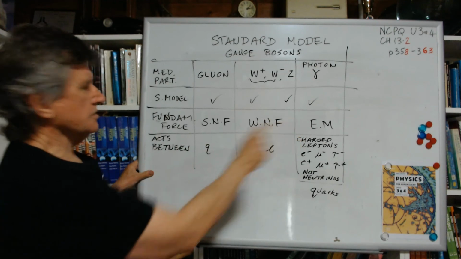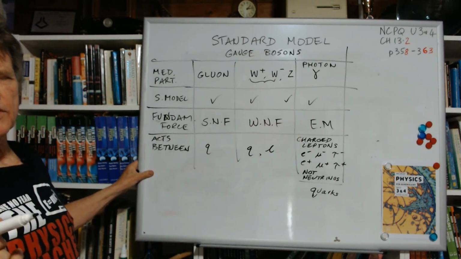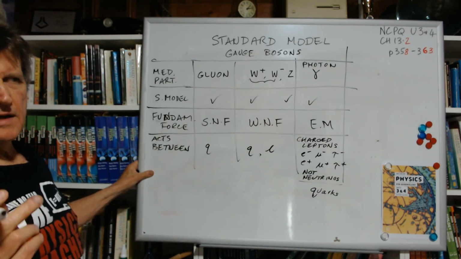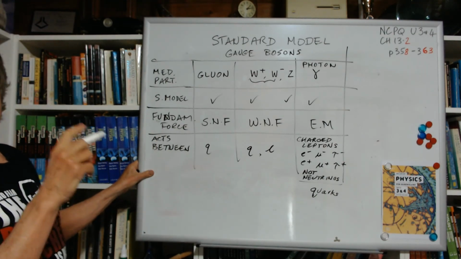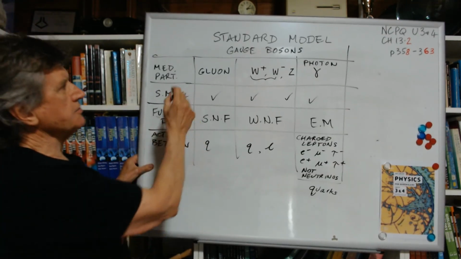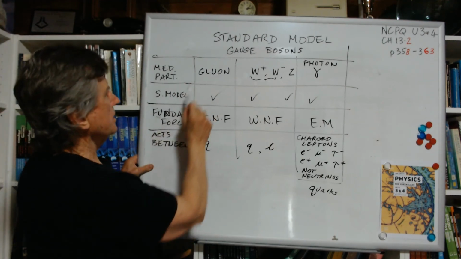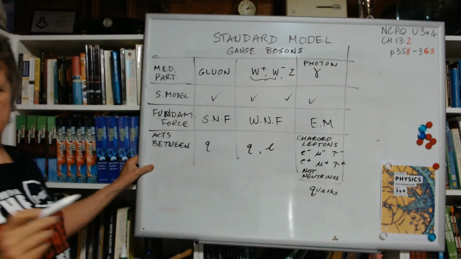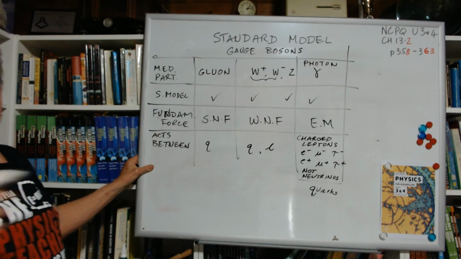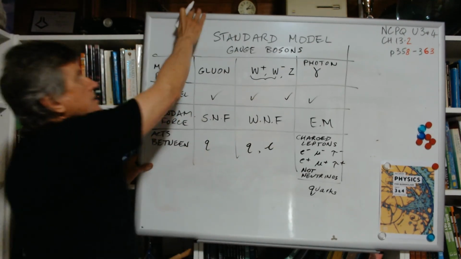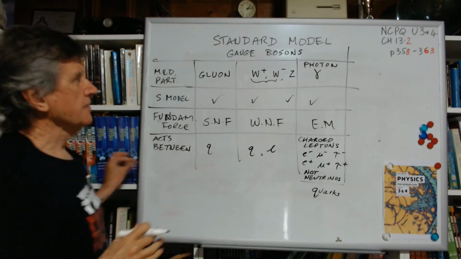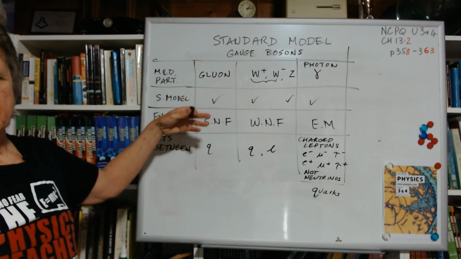I think in the external assessment they had list the gauge bosons, and I think they threw in hadron to try and trap you, but that's about it. Okay, so that's the end of the stuff on gauge bosons and the fundamental forces. Okay, that's it. Thank you.